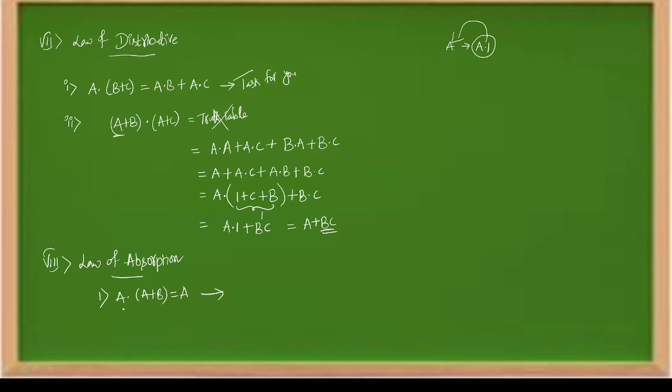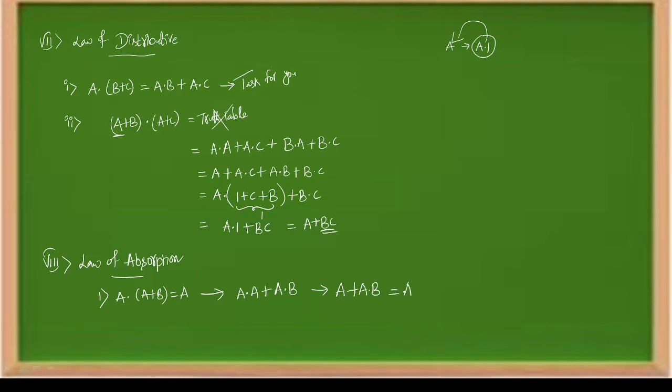If you apply the law of distribution here, you will get the first term as A and A plus the second term as A and B. Then in place of A and A, I can get A, and in place of A and B, I get A and B as it is.